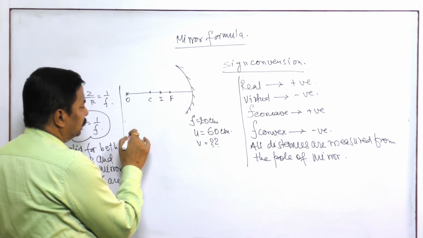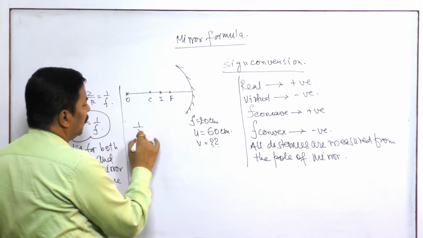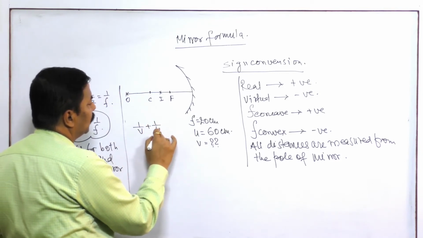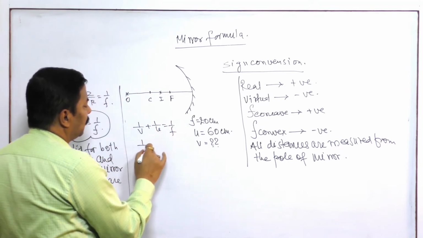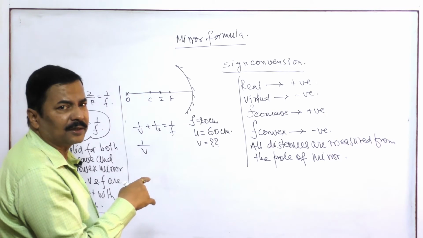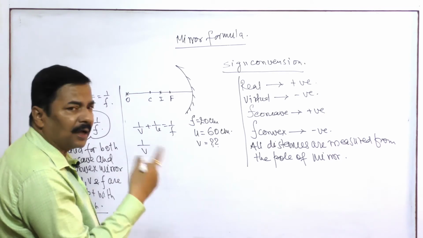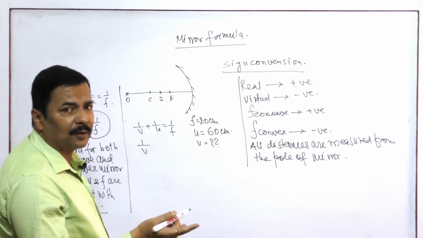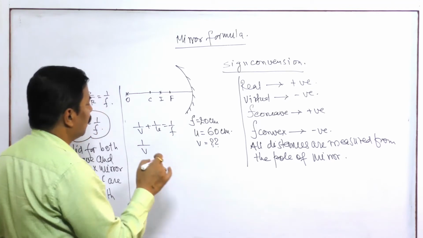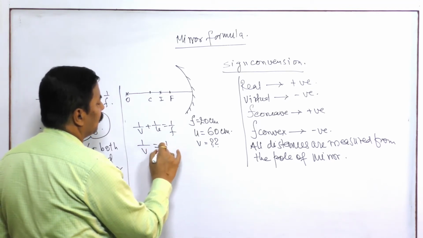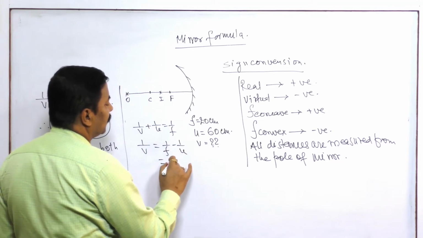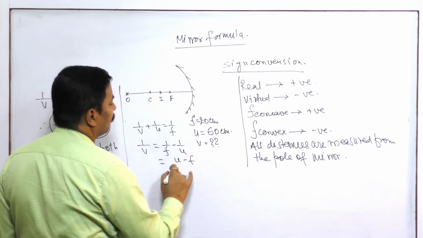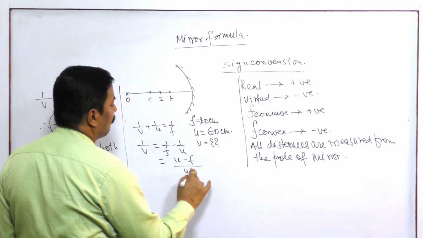So 1 by V plus 1 by U is equal to 1 by F. Don't put the value in the initial stage; put the values only in the final stage to get the result. So 1 by V is equal to 1 by F minus 1 by U, that is U minus F by UF.